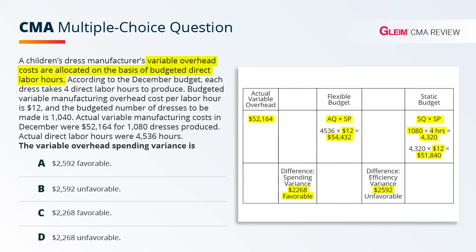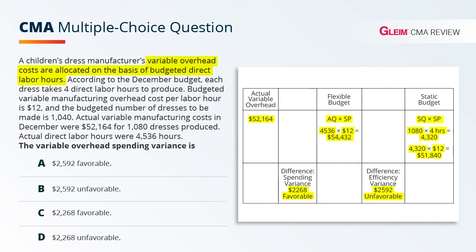Based on actual production, we should have spent $51,840 because the actual quantity of labor hours used, 4,536, is more than the 4,320. This variance is unfavorable. I'd like to go through that so you could get an example where we're calculating both of the variances.